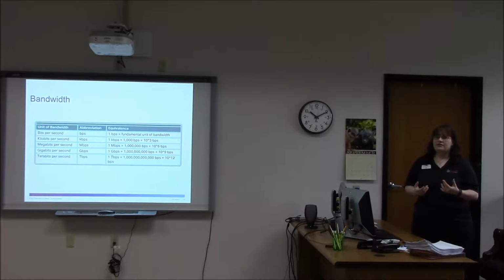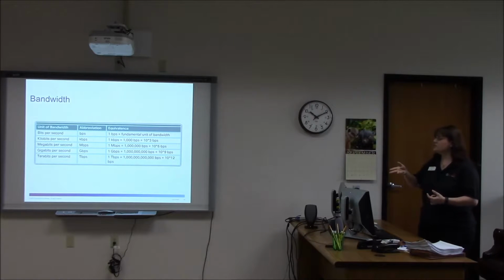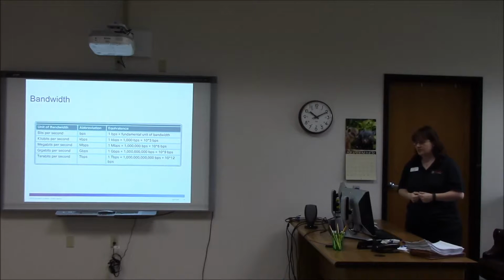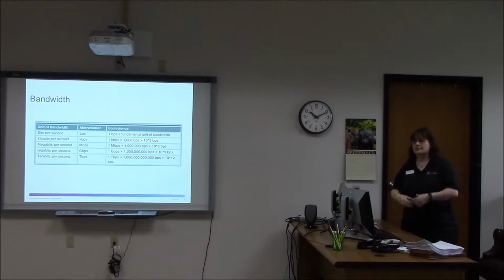Like when we talk about the internet speeds we get at our house, we probably talk about megabits per second. And that equals 1 million bits per second. So get used to seeing that. That's 1 million bits flowing every second, which seems really high until you try to use it, right?